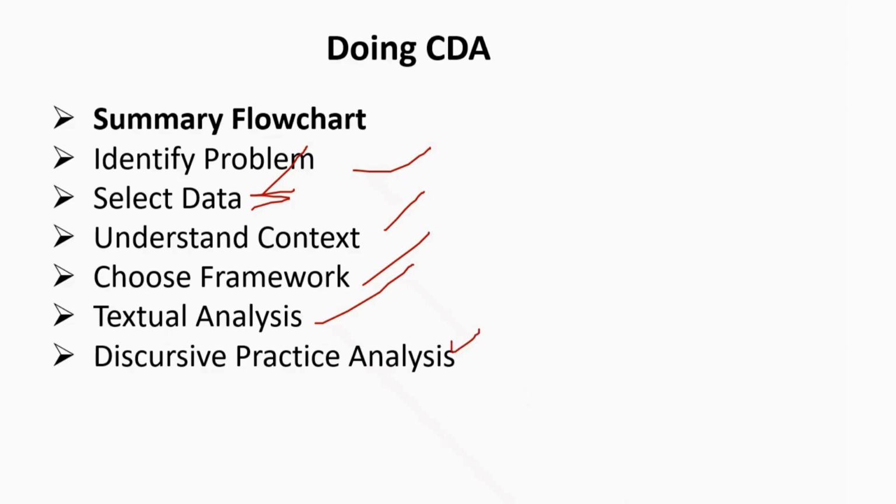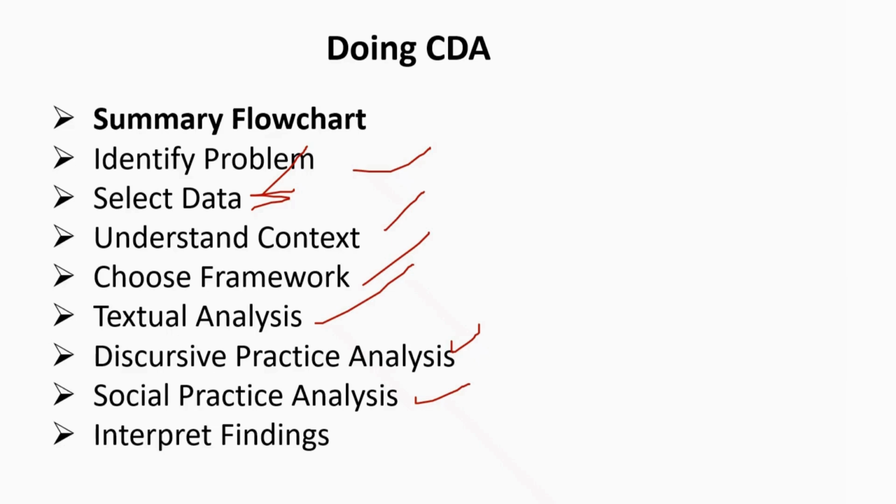Next, analyzing the discursive practices: how the text was produced, how it was distributed, and how it was consumed by the public. Who wrote it, what was the objective, and what was the effect. And analyze the social practices under which it was all done. Interpret the findings. What do they aim for? Are they challenging the power or supporting it?